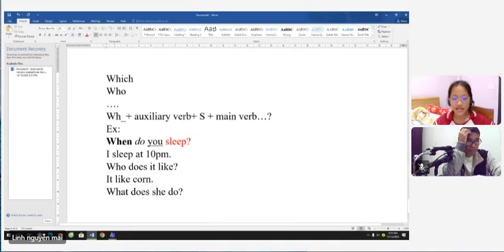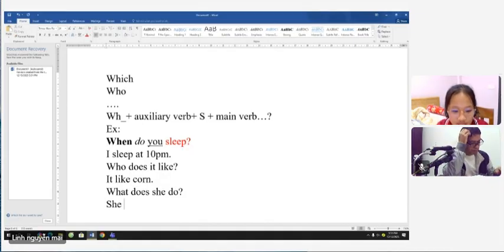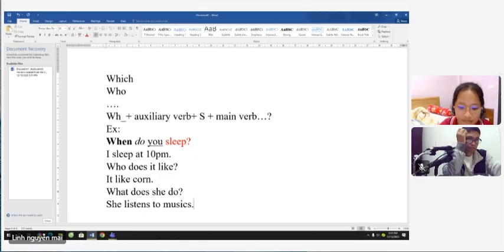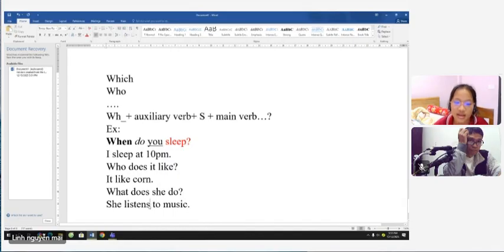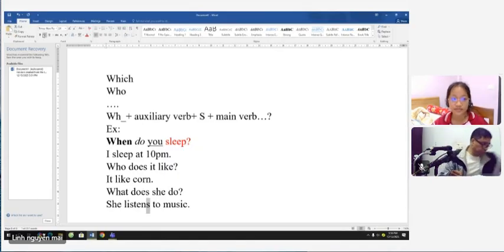So here is the auxiliary, and this is the main verb. Okay, so for example, she listens to music. She listens to music, and she is singular now, so we put the s or es after the verb. This is the main verb, okay?